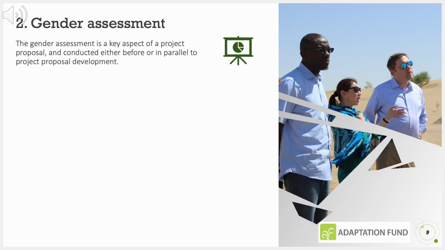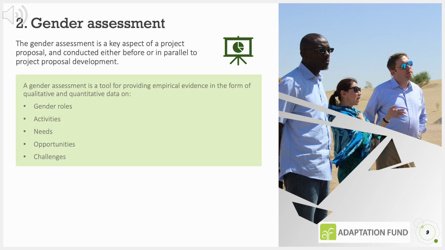Step 2. Gender assessment. Conducted either before or in parallel to the development of the full project proposal. A gender assessment is a tool for providing empirical evidence in the form of qualitative and quantitative data on gender roles, activities, needs, opportunities, and challenges within the project location.